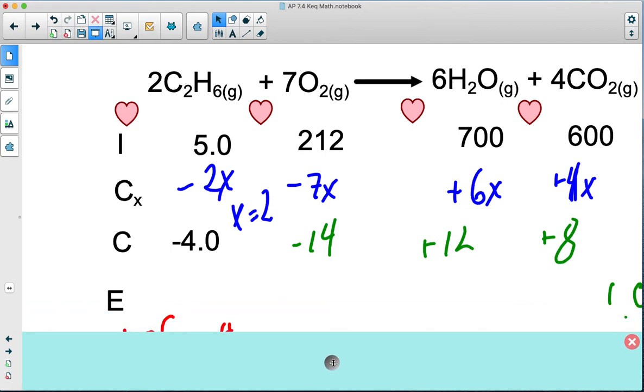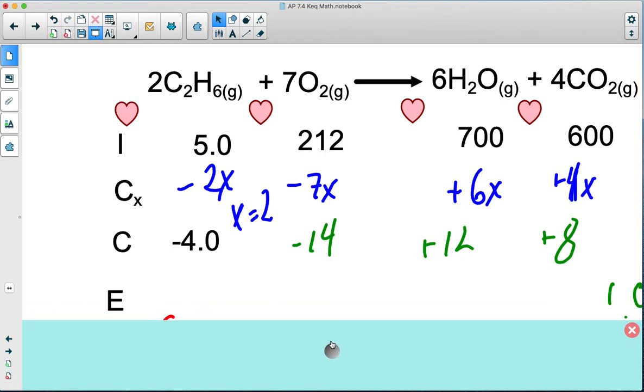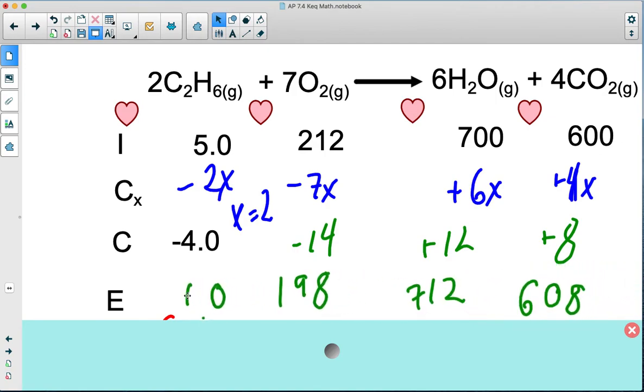Now it should be pretty easy to find out what our equilibrium amounts are going to be. This was 5 minus 4. 212 minus 14. Fortunately, I have these already written down, but we can do all this math. 700 plus 12 is 712. You guys can do that stuff.